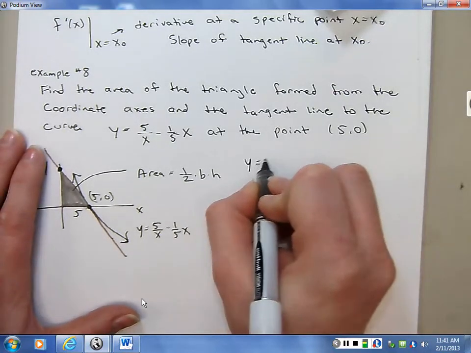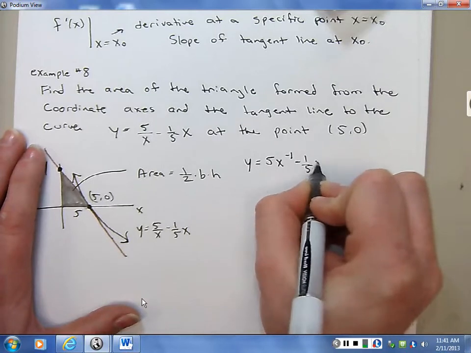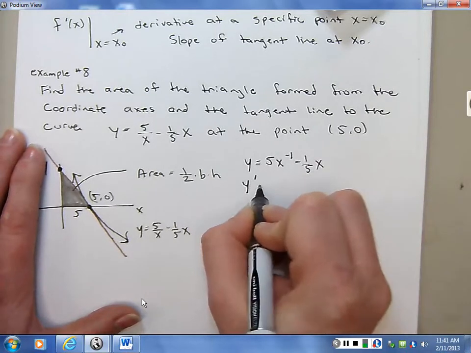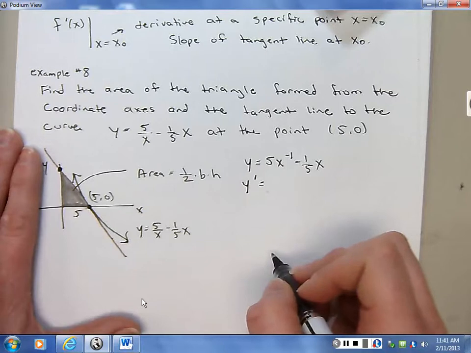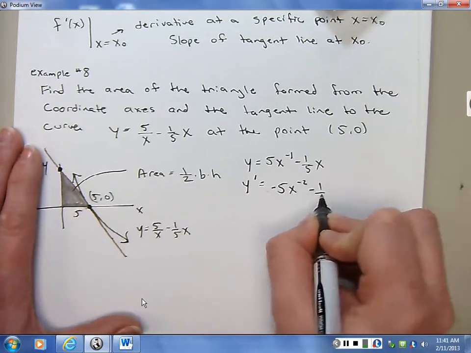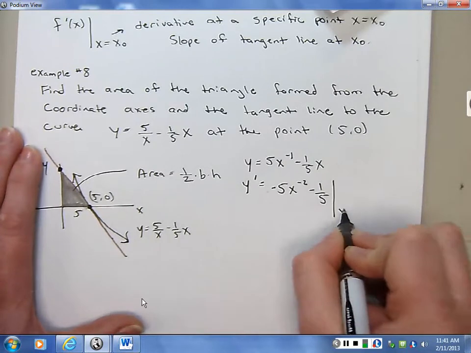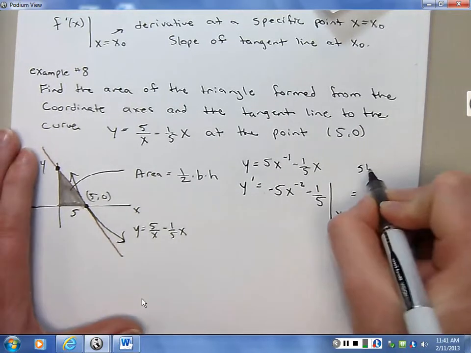So y is 5x to the minus 1 minus 1/5 x. What is the derivative of y? Minus 5x to the minus 2 minus 1/5. Very good. And I'm going to evaluate that at x equals 5 because that's going to give me the slope, right?